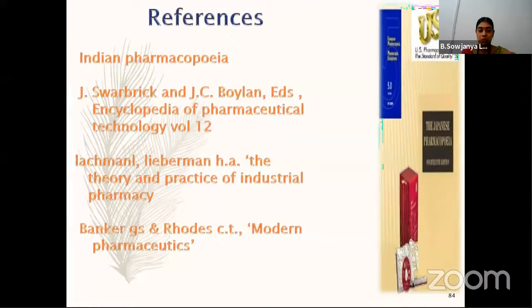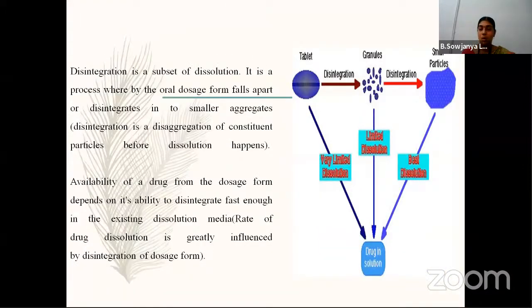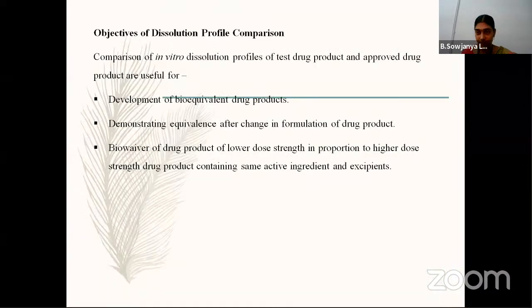So these are some of the references. With the help of these books we can easily study the evaluation of tablets and the disintegration part, or completely study the aspects of tablets, types of tablets, and compressibility index.